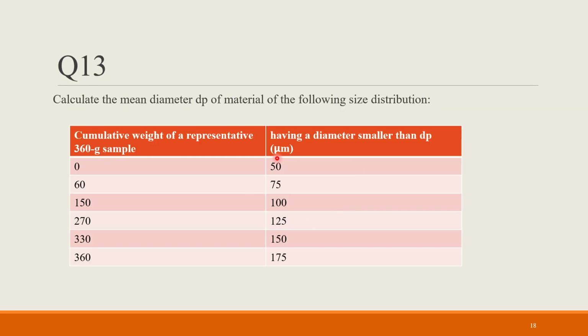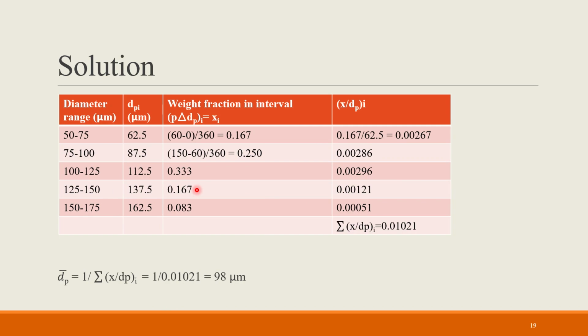Similarly, we calculate this for all the fractions, and we have the x by dpi for those particular fractions. Then we sum up x by dpi for the whole sample set.